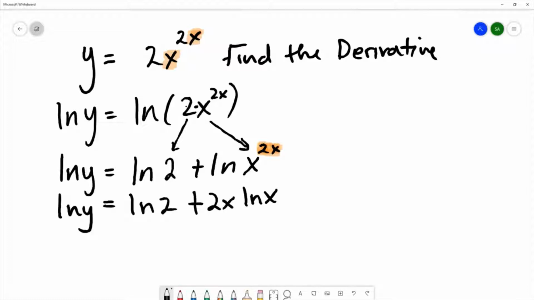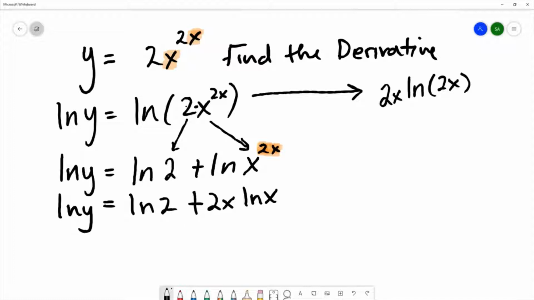Now, as I was looking at your work on some of these problems, a very common mistake that students made was on this step right here. Students tried to apply the power rule on this step. So if you tried to apply the power rule, you would move that power in front of the log and get something like this.